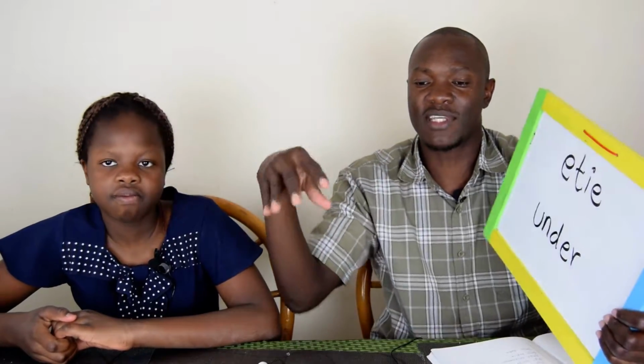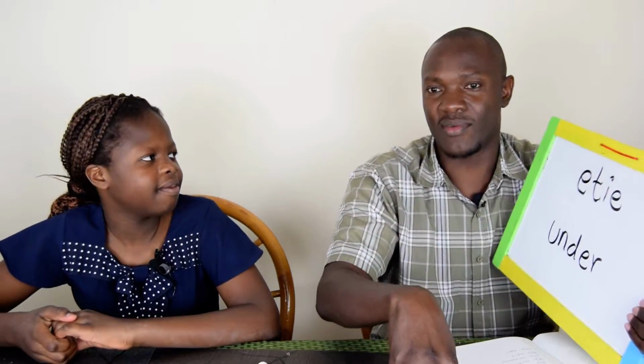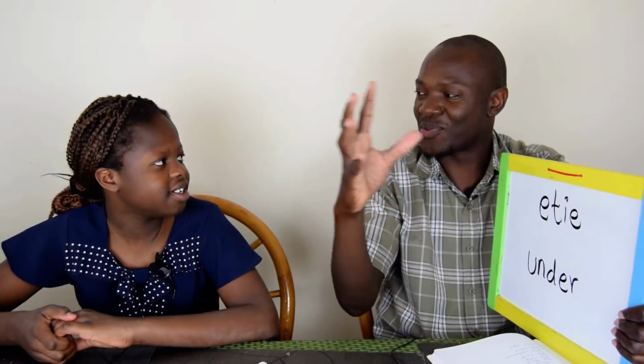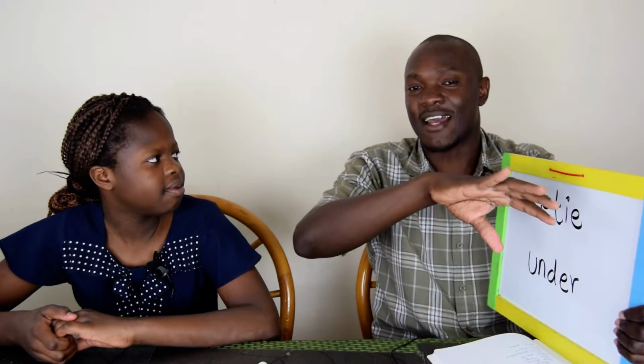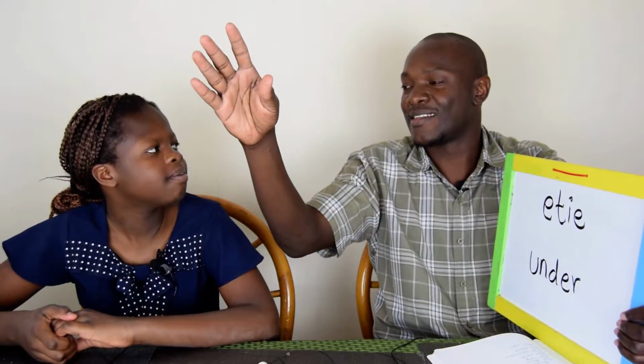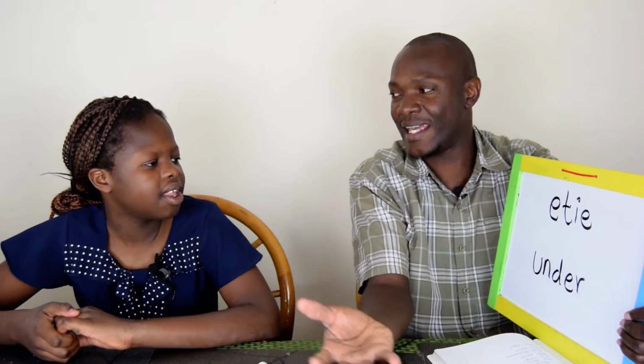When something is under a table and when something is under a tree, they're two different situations. So when you have something that is covering like a tree, you say etieyen, that means under the tree.